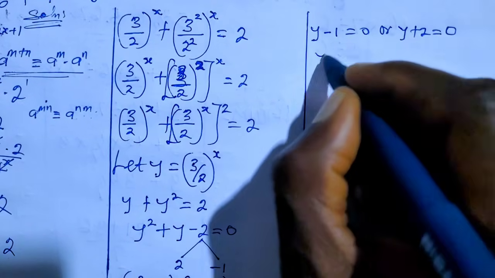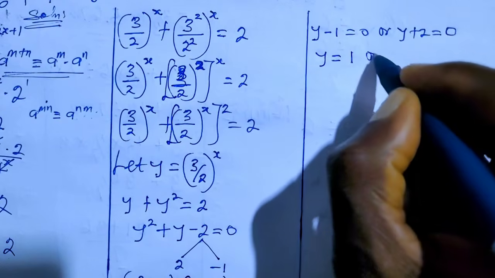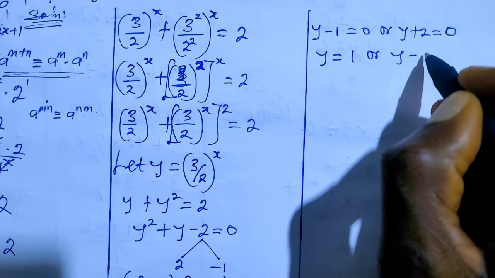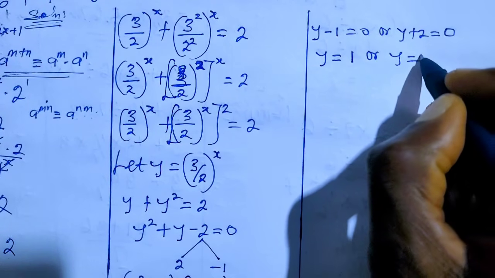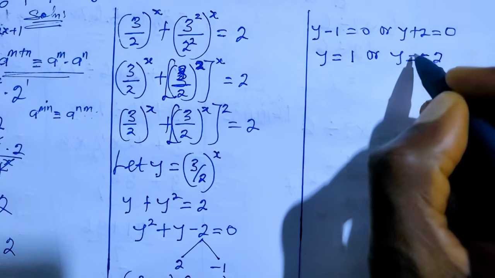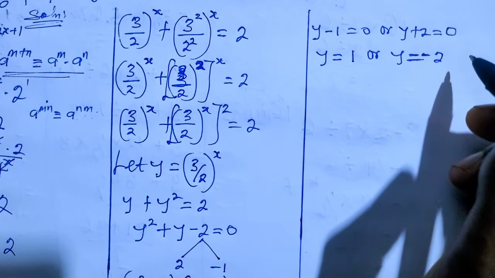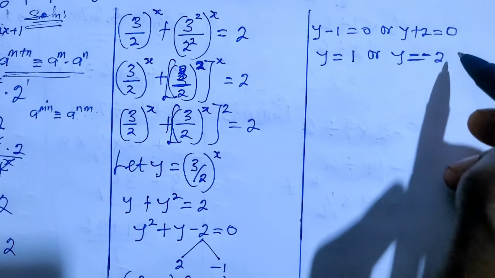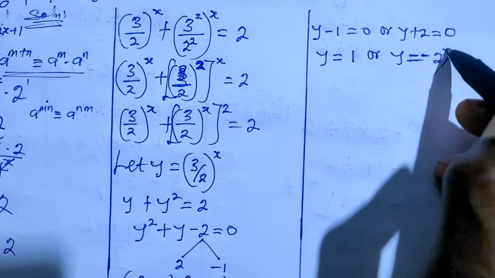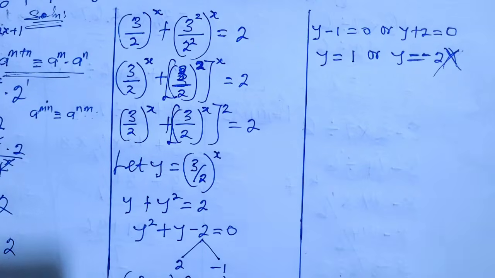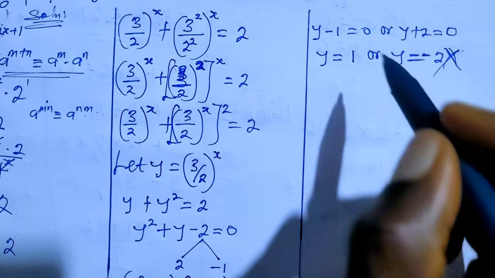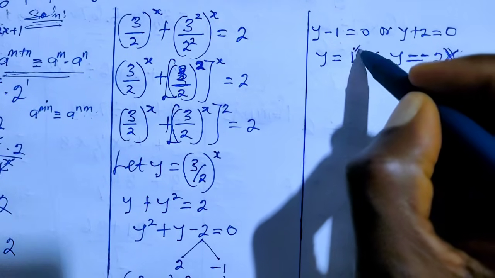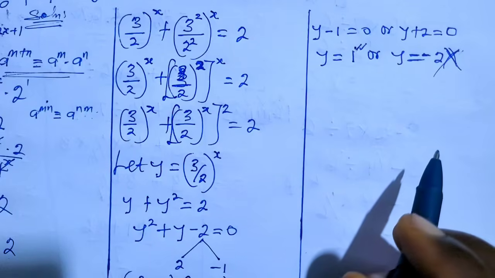Now, at this point, y equals 1 or y equals negative 2, y equals minus 2. But in this very solution, we are going to drop this value of y. We are going to only consider the positive value of y at this point.